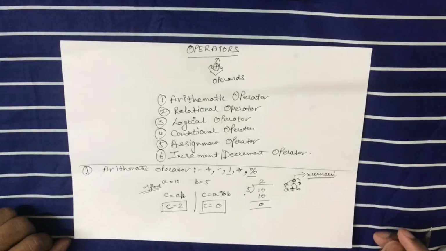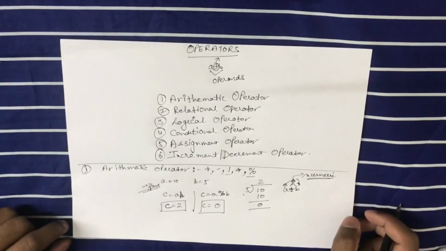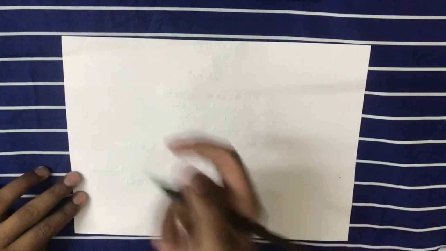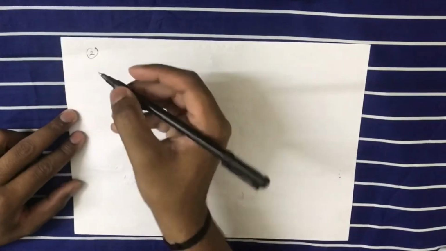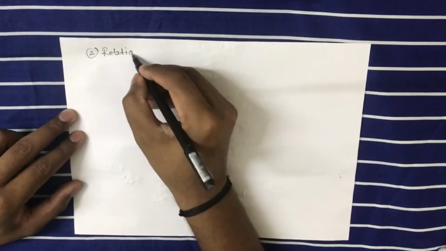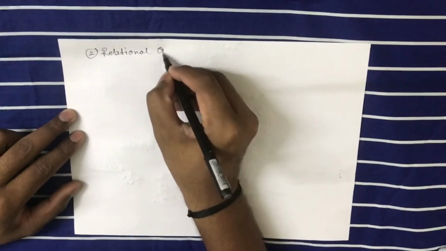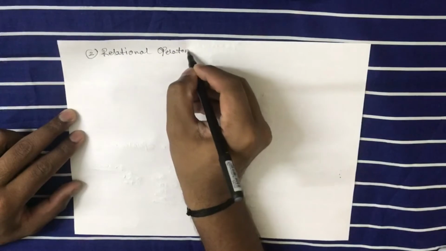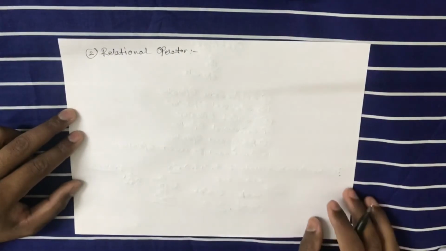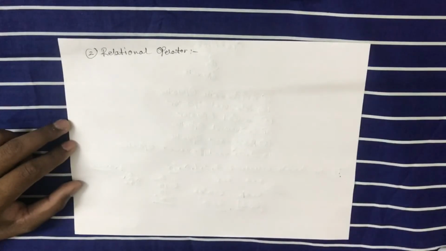Now we will go to the second category, which is relational operators. In this category, we have operators which check the relationship between the left hand side and the right hand side.